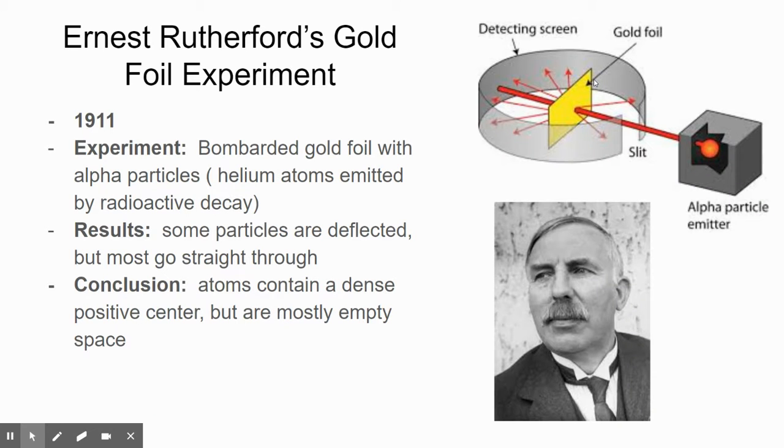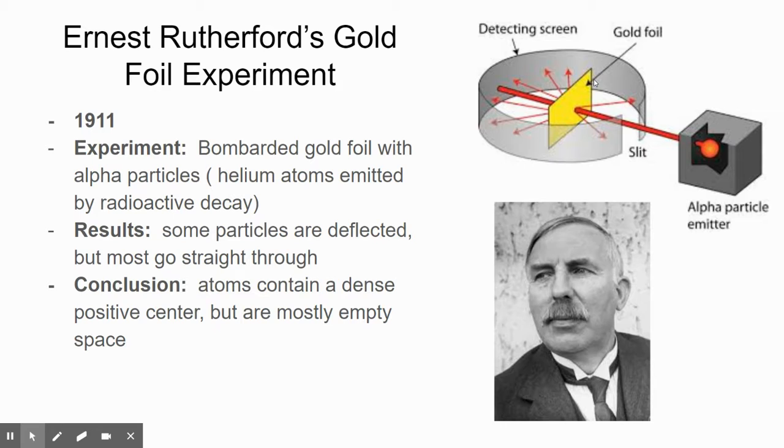Then we had Ernest Rutherford come along, and he proved that the atom was not like that. What it was instead was mostly empty space with a dense positive center, and he was able to show that through this gold foil experiment. So he took a piece of gold foil and he bombarded it with these alpha particles, or basically just helium atoms.